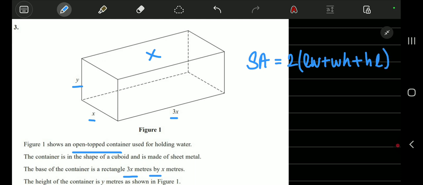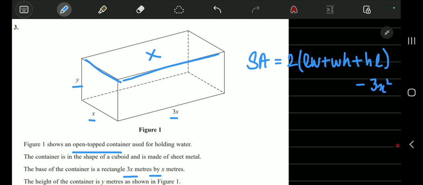In case there is no top lid, you can subtract its area, which is 3x times x, so minus 3x².